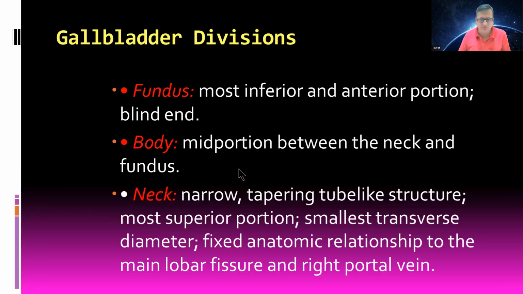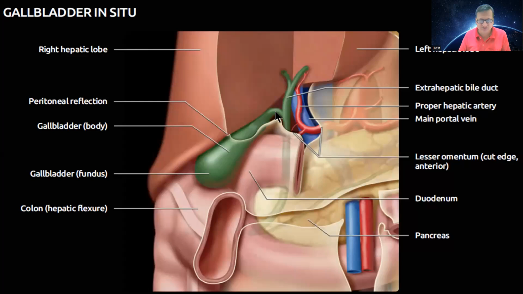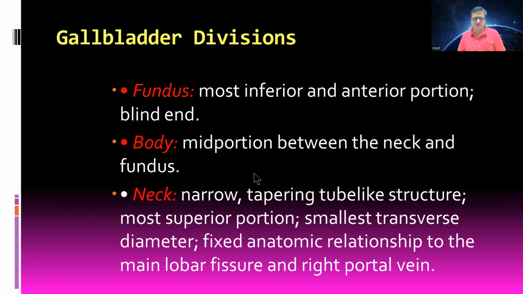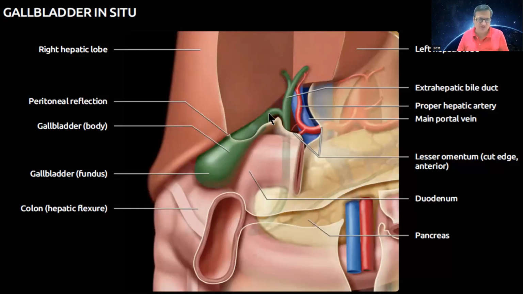Neck is the narrow tapering tube-like structure, which is the most superior portion. It is the smallest, that means narrowest transverse diameter, and it has a fixed anatomic relationship between the main lobar fissure and the right portal vein. So this is the anatomy of the gallbladder.